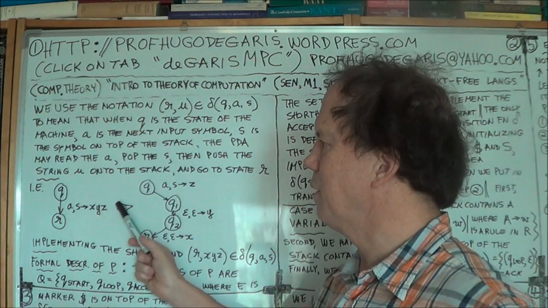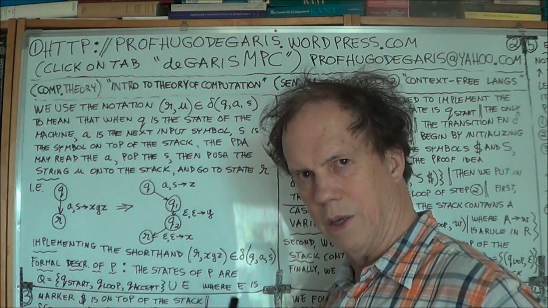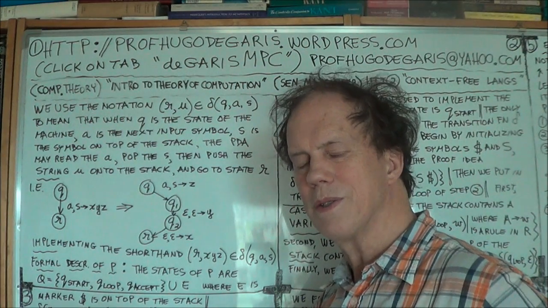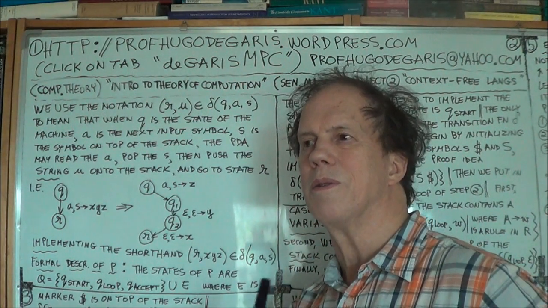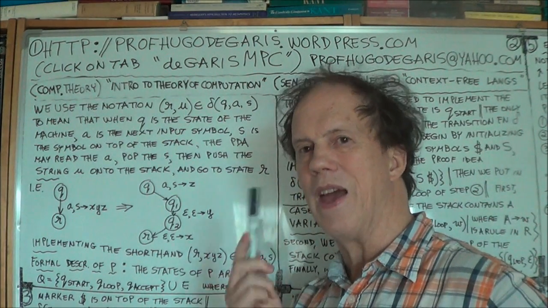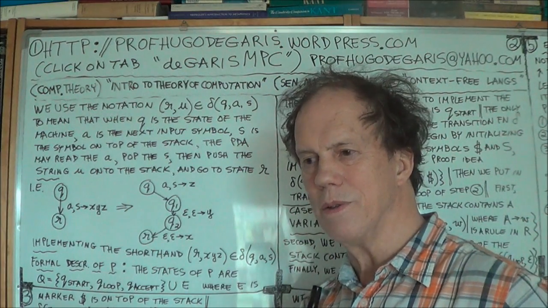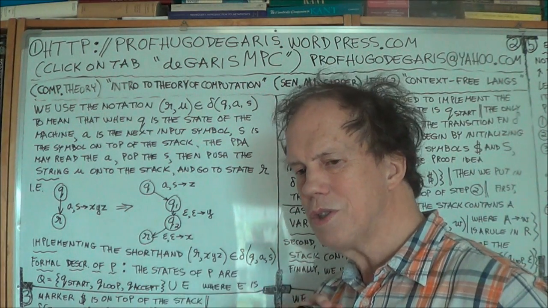Now, you may ask, what's the point of this shorthand? Well, it's very useful because what are we trying to do? We're trying to create an automaton, a PDA, that behaves like a grammar. And what do grammars do? Well, they use substitution rules.